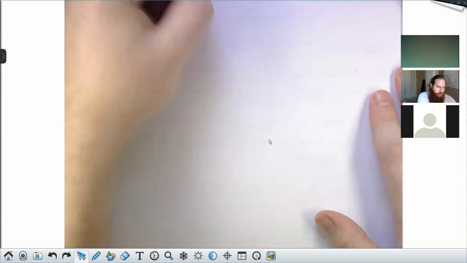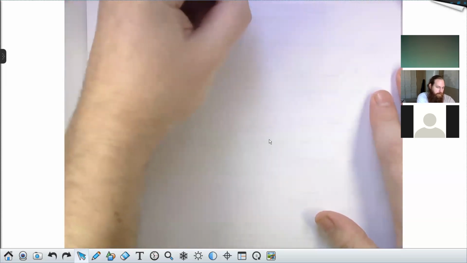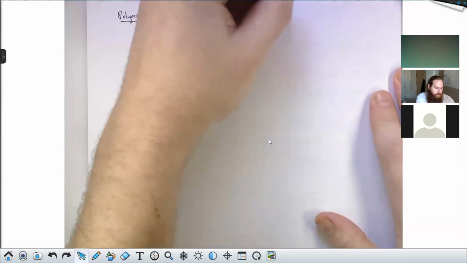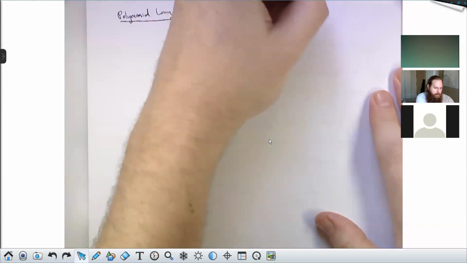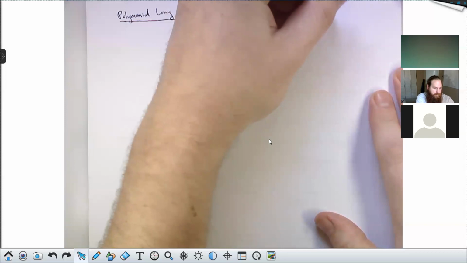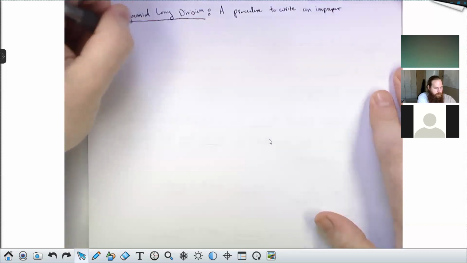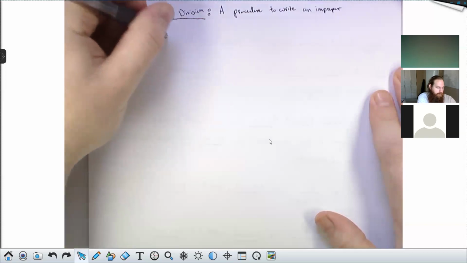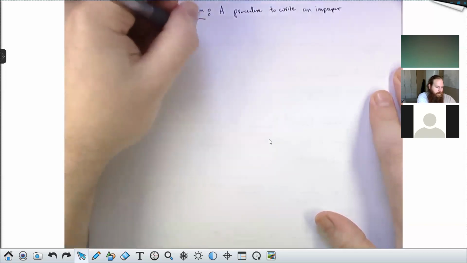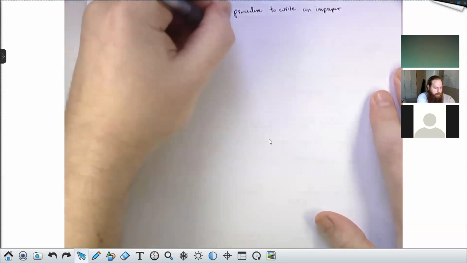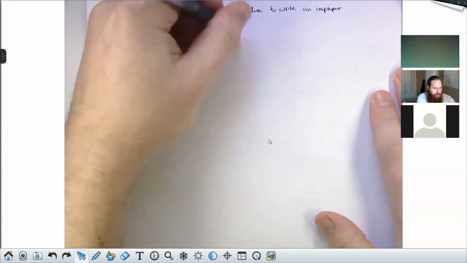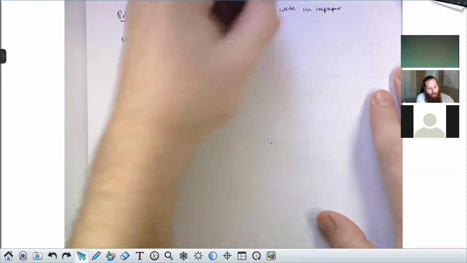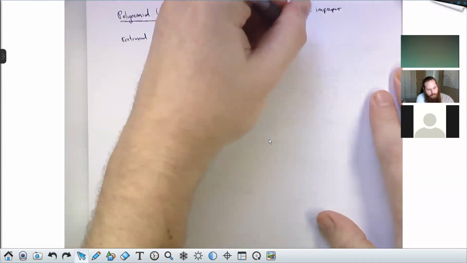So this is a procedure to write an improper rational function as a polynomial plus a proper rational function.